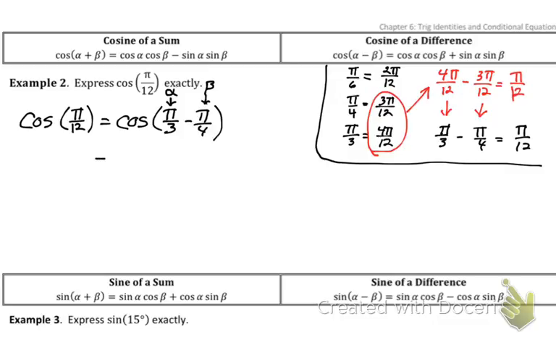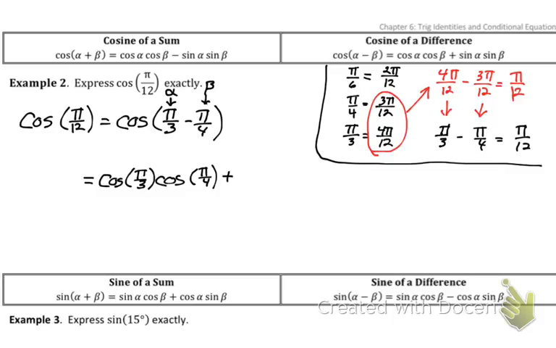Alright, so we're just going to rewrite this as cosine times cosine. So cosine of my alpha value, pi over 3, times cosine of my beta value, pi over 4. And subtraction tells me to add. Uh-oh, I'm going to run right into that guy. I wrote a little too big. Let's slide that down a little bit. We should have room. There we go.